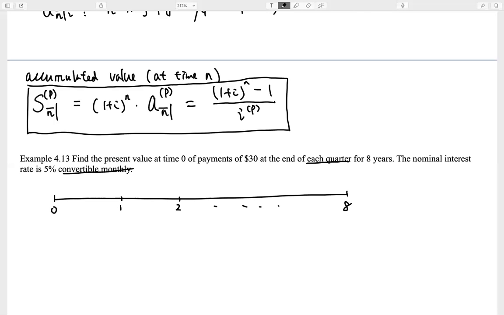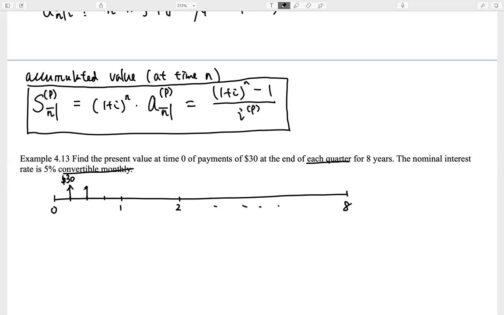So we have a total of 8 years. In each year, the payment is made at the end of each quarter. So 1, 2, 3, 4. There are 4 quarters in a year, and at the end of each quarter, we receive $30.